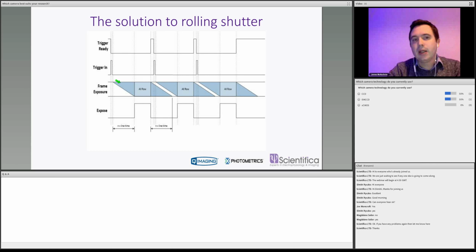So it exposes 15. Now this bottom row, when that starts exposing, which will be about 10 milliseconds after that, still needs to expose for its full 15. So at least for the first 5 here, the whole lot will be exposing at the same time. And there are trigger modes on the camera that mean you can turn LEDs or lasers on for that point when all rows are exposing.